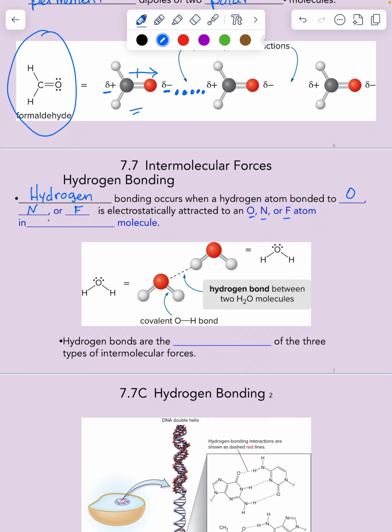So hydrogen bonding is a special type of dipole-dipole attraction. This is a permanent dipole. The most common example that you see is water.